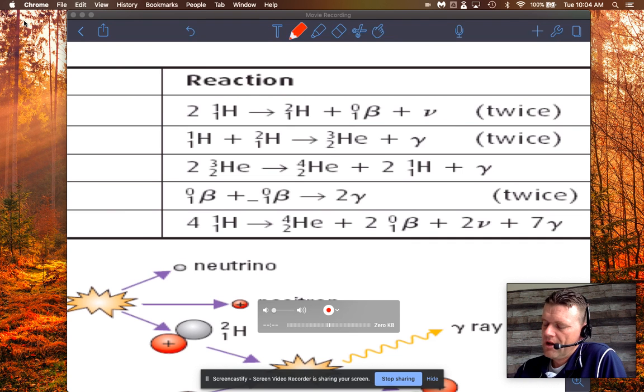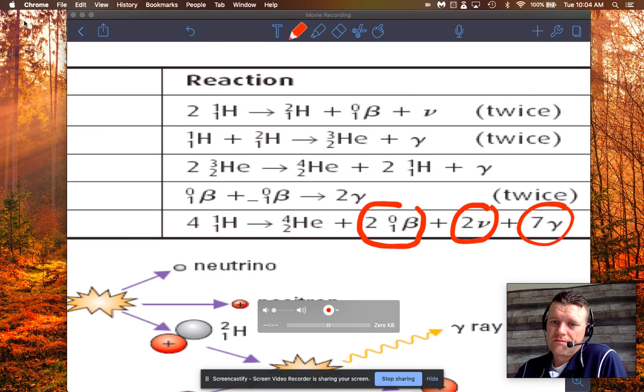Now, there's always some residual products here. Like, look at this. We have two positrons, two beta plus particles produced. A couple of these are neutrinos, okay? And there's a bunch of photons produced, okay? So I call those residual products. Don't get distracted by those. What you're really looking for is any product that is bigger than any of the reactants.